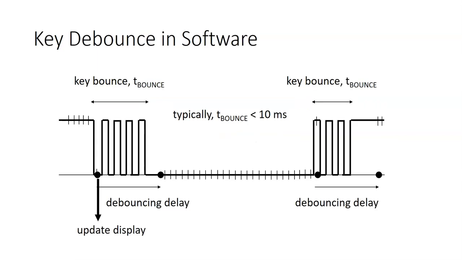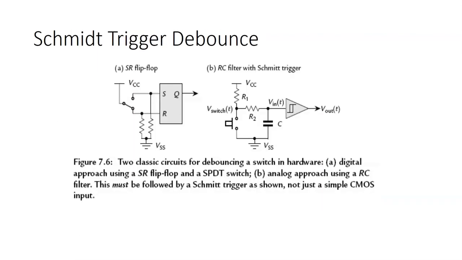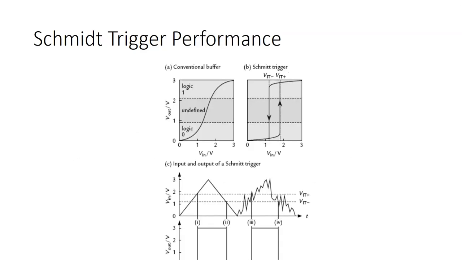There are different ways to deal with this bouncing, but the way that most microcontrollers, including the MSP432, deal with this, and in general this type of noise or oscillation on the signals, is by incorporating a Schmitt trigger. Basically what this means is that the buffer within the GPIO circuit has a different point for transferring from low to high and high to low, allowing for that intermediate oscillation or bouncing to be smoothed out. And so if you look up in the datasheet, you'll see that all the GPIO pins on the MSP432 also incorporate a Schmitt trigger.